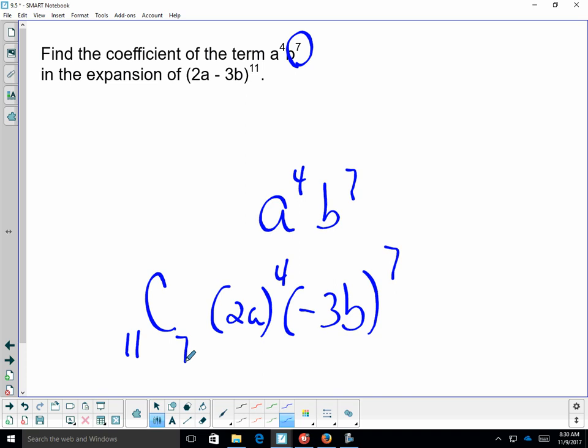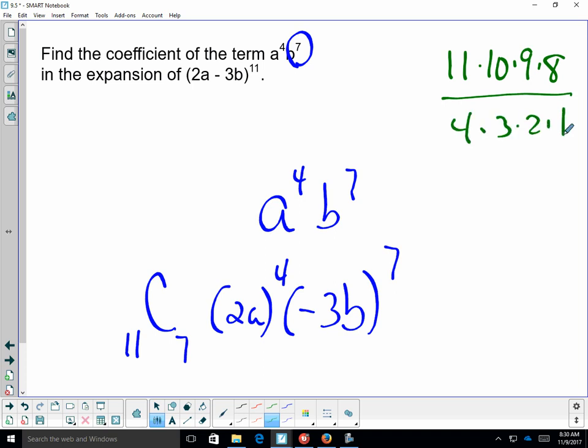So off to the side, I'm going to do 11 times 10, whoopsie, times 9 times 8 over 4 times 3 times 2 times 1. Again, I'm using that 4 and 4, which I should really be using 7 and 7, but you know, it's the same thing.